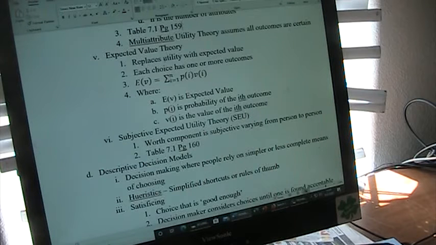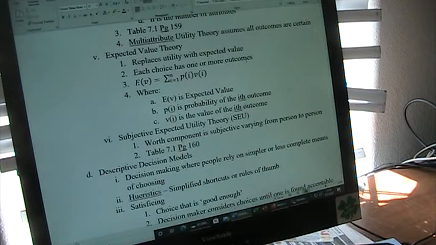When you can add up all your chances and they come out to be equal to the money that you are gambling, then you're in a situation where it's worth the risk. So we're replacing utility with the expected value. Every choice has one or more outcomes.